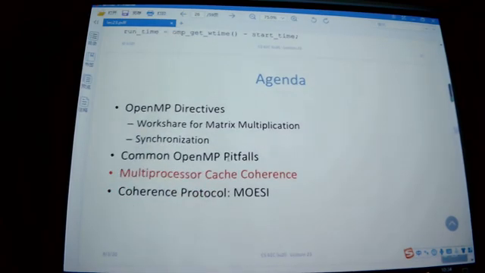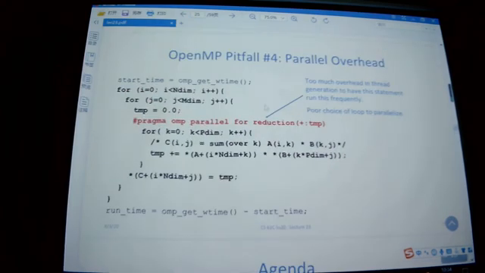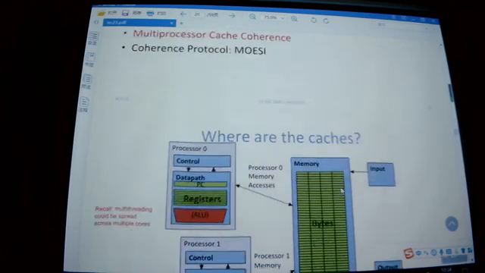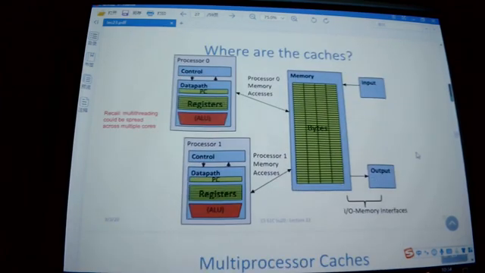Okay, these are common OpenMP pitfalls. The above is the demo of OpenMP. Now we look at multiprocessor cache coherence. There are two processors, processor 0 and processor 1.